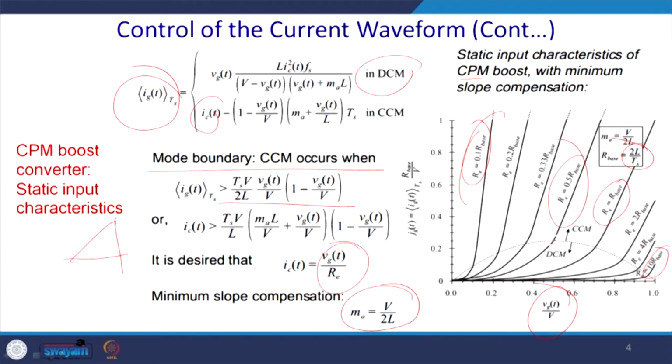This is the DCM value. After that you can see there is a range where CCM increases, DCM increases. So, it is a challenge to operate this PFC, power factor correction, in a no load condition, for this discontinuous operation.